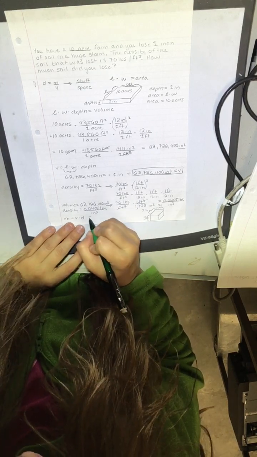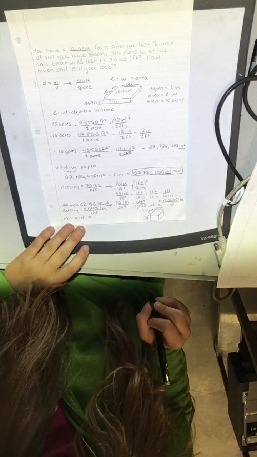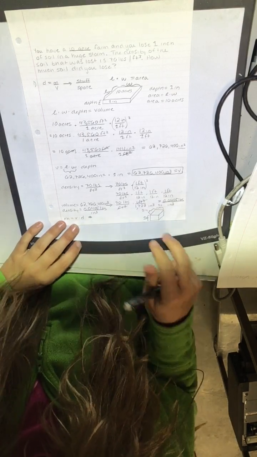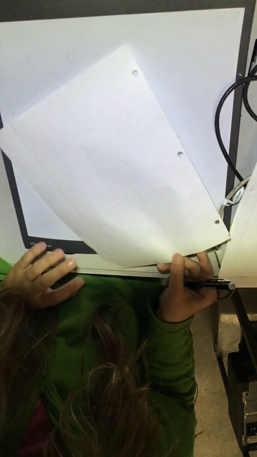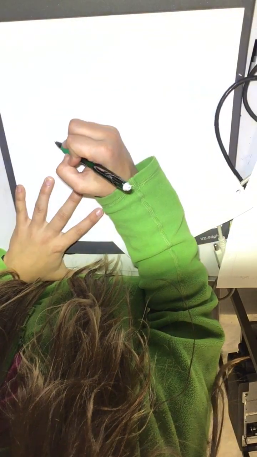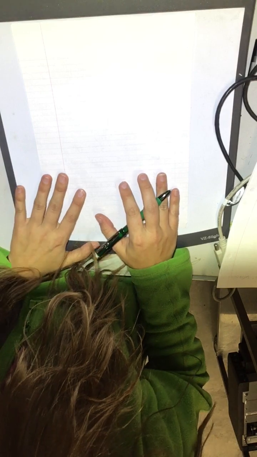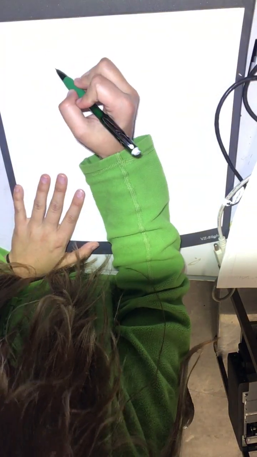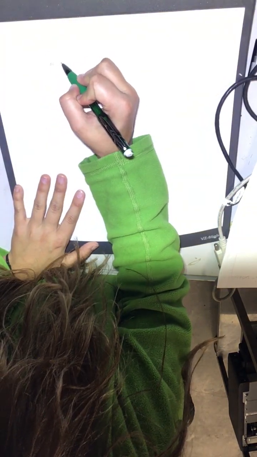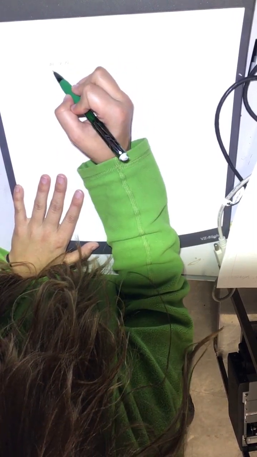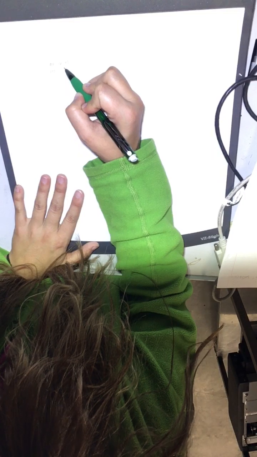And when we do that, I'll do it on the other page so we can see how the units cancel out. There we go. So we have mass equals volume times density. So mass, and what did we just say our volume was?